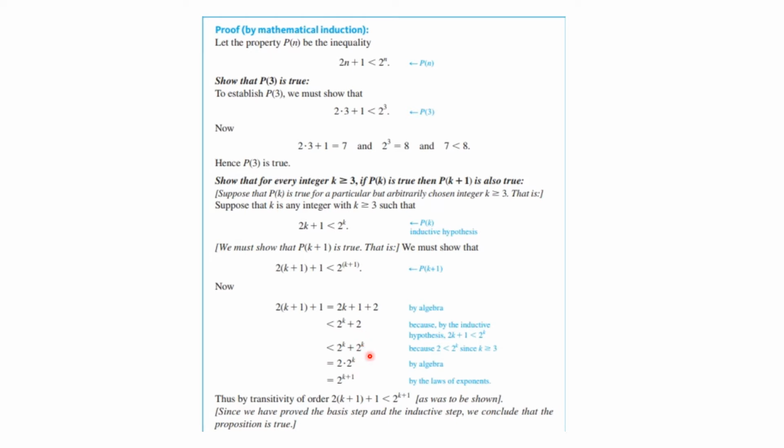And 2 is certainly less than 2 to the k if k is bigger than 3. You've got one 2 to the k here and another 2 to the k here, so you have 2 times 2 to the k, but this is 2 to the 1 times 2 to the k, and properties of exponents say that is 2 to the k plus 1. So by the transitivity of this less than, this is true.